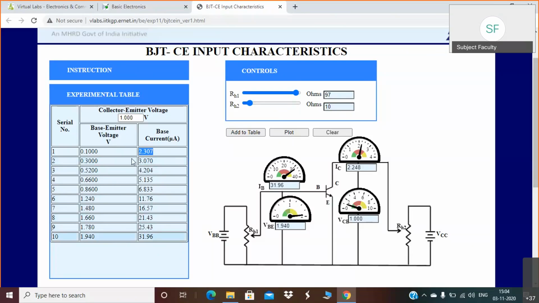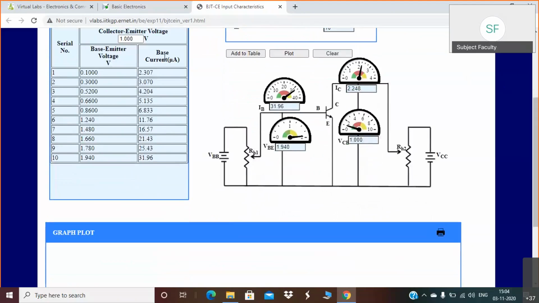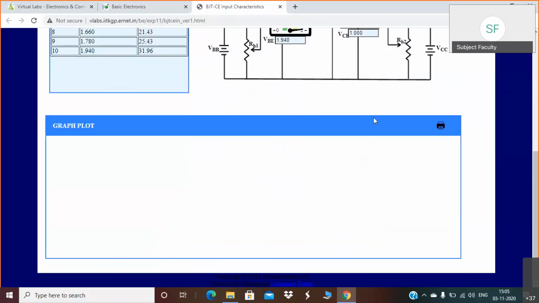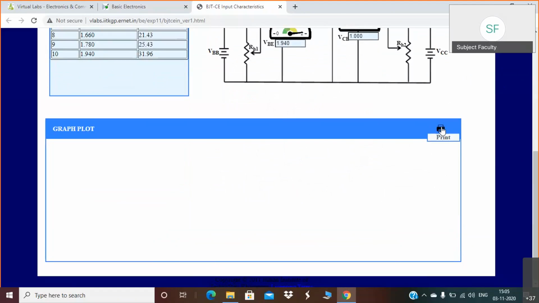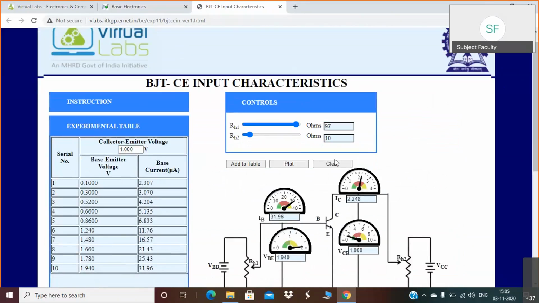So now once you have sufficient readings, next you have to draw the plot. If you observe, input current is nothing but base current and input voltage is this voltage, base emitter voltage. So in order to generate the plot you have to click on this tab, that is plot.